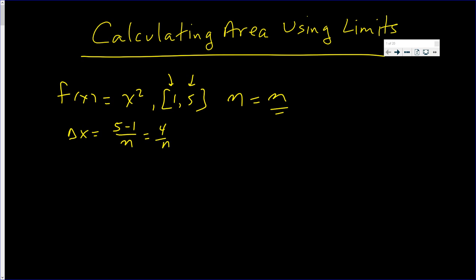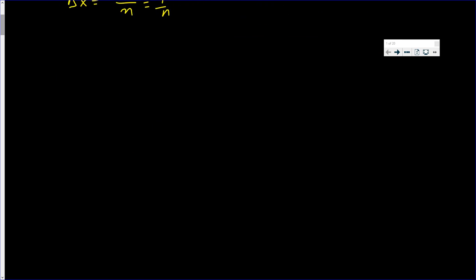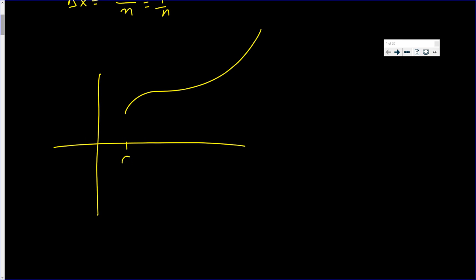5 minus 1 over n is going to be 4 over n. Now, let us look at this really carefully. You have some function. I don't really care whether it's x squared or not. You want to find the area from a to b. Delta x is the base.